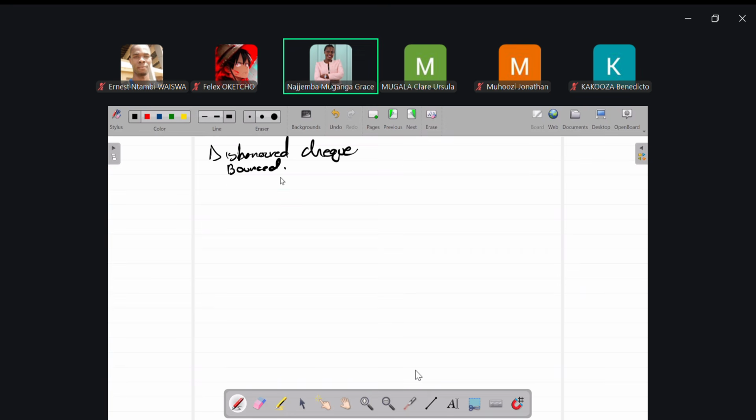So a dishonored check would be bounced, unpaid. Again, when I think hard about it, I could as well consider it as unpaid, bounced, rejected. Rejected, check that has been returned, bounced, returned.